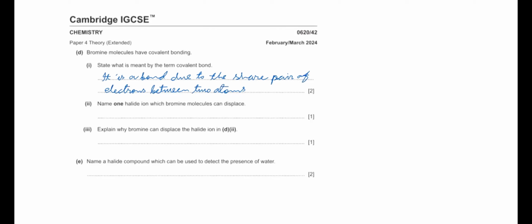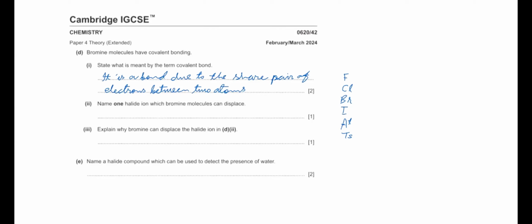Name one halide ion which bromine molecule can displace. The top one is fluorine, then chlorine, then bromine, then iodine, then astatine, and the last one is tennessine. The reactivity in halogens decreases down the group. So the halogen on the top can oxidize the halide ion below in the group.